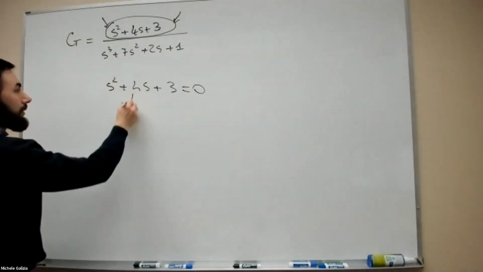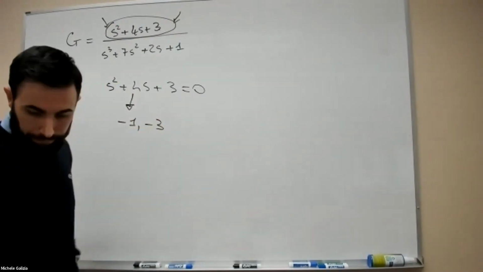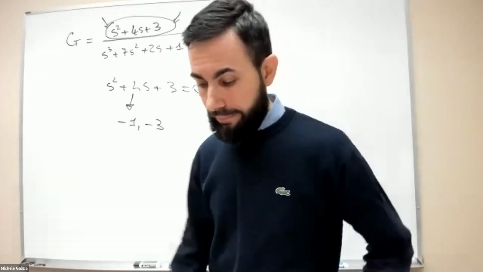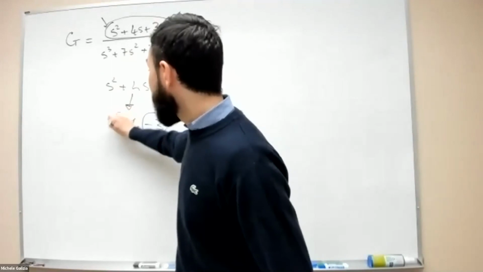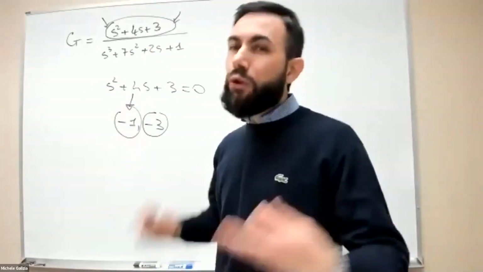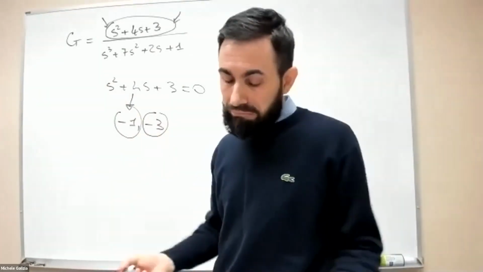So here, the zeros are -1 and -3. Does the system exhibit inverse response? No, because both of these zeros are negative. Or, put differently, there is no zero with positive real part.